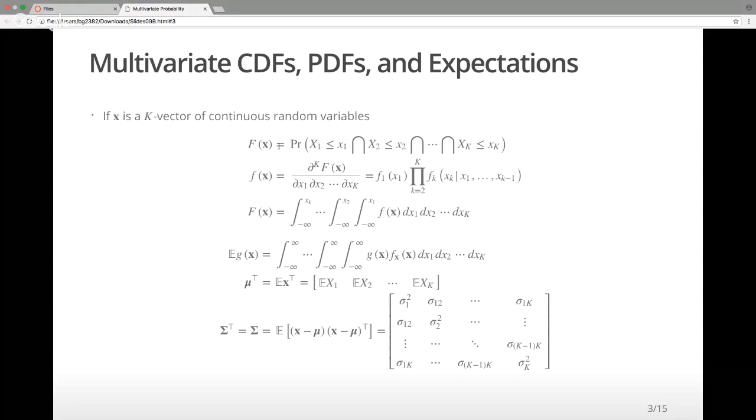It's just one conditional on everything before it, and the first one has nothing before it, so it's just a marginal PDF. This construction, this product, yields a valid multivariate PDF, and you might be able to do some algebraic simplification of this to write it in the form of a joint vector rather than marginal times conditional times conditional, etc.